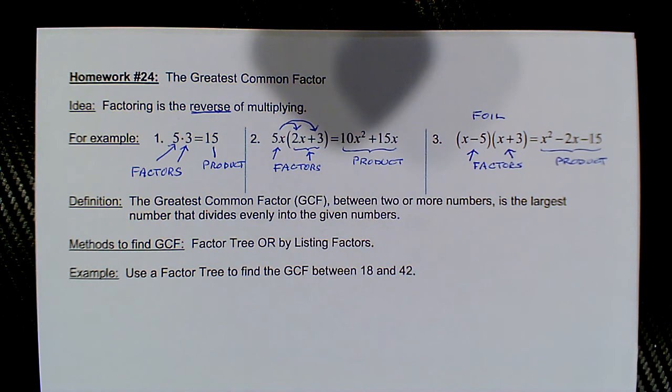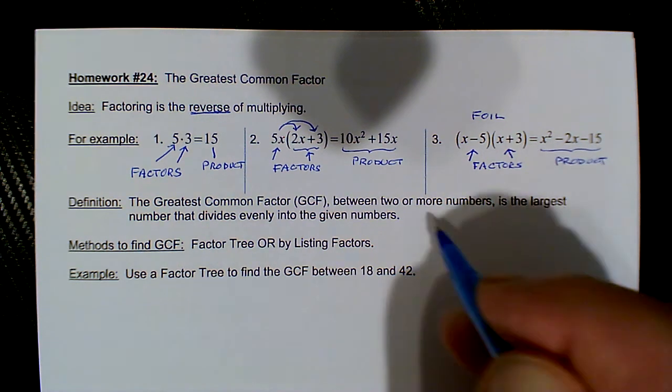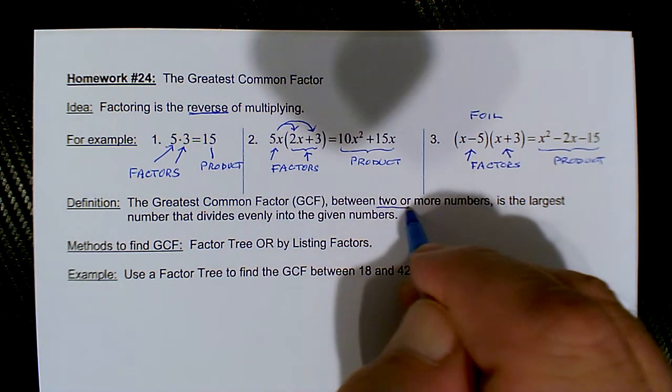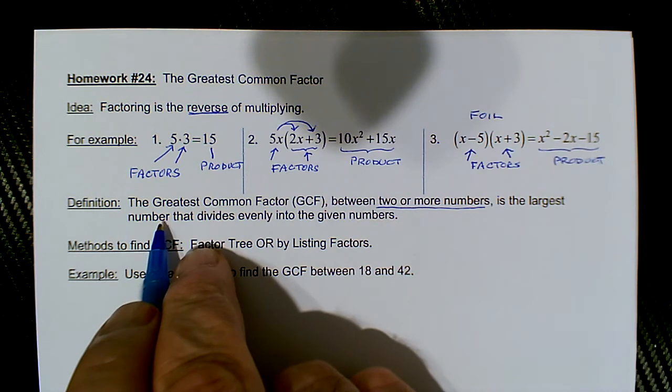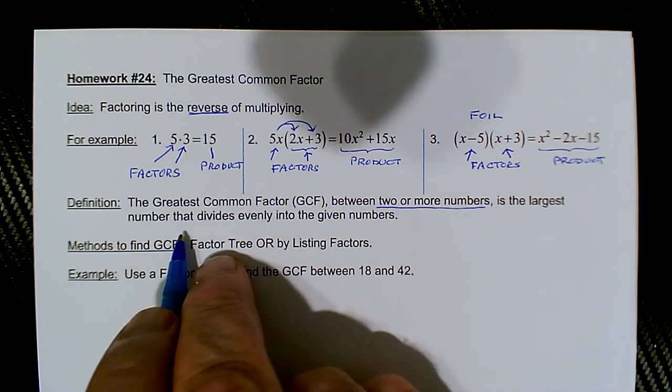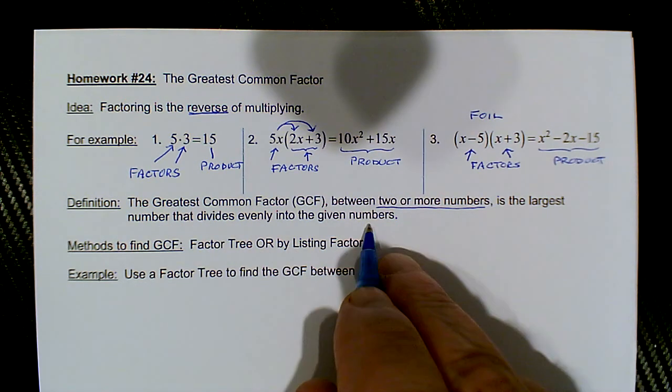So we're going to look at reversing the situation, and the first thing to consider is what's called the greatest common factor. If we're talking about the greatest common factor between two or more numbers, it's the largest number, that's why we call it the greatest, that divides evenly into the given numbers.